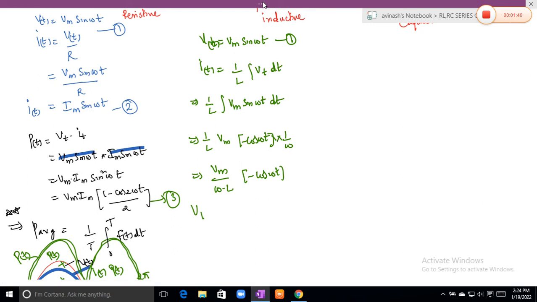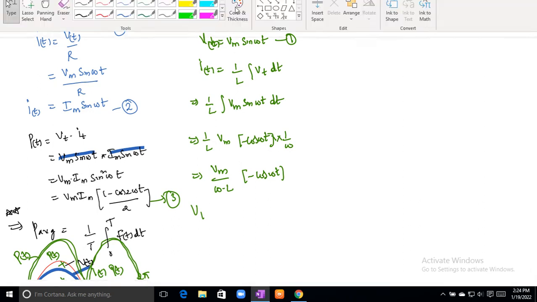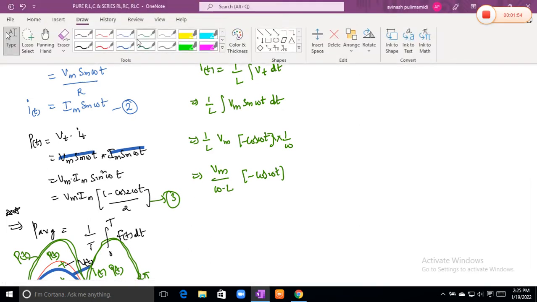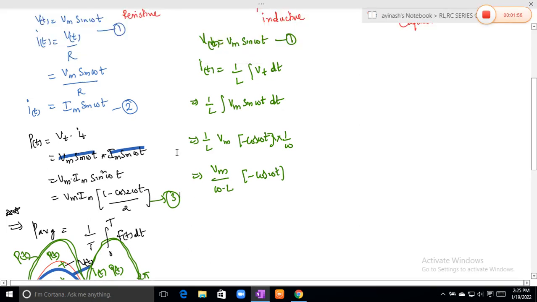Therefore I of t is equal to Vm by omega L, which is nothing but XL, into minus cos omega t, which can also be written as sin of omega t minus 90.